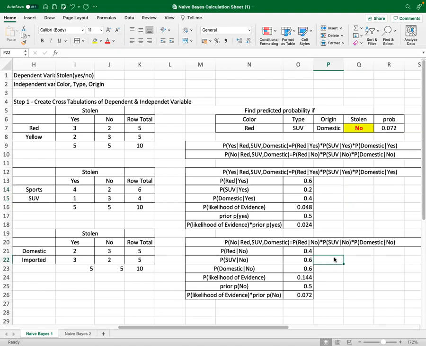Still not matching. Why are we getting this difference? We have to verify the total. Yeah, that's the column total.